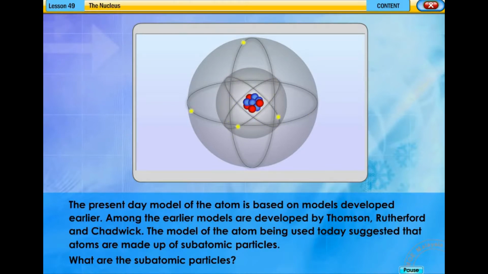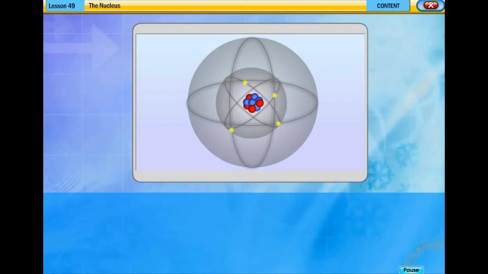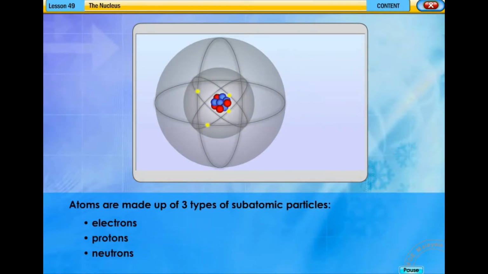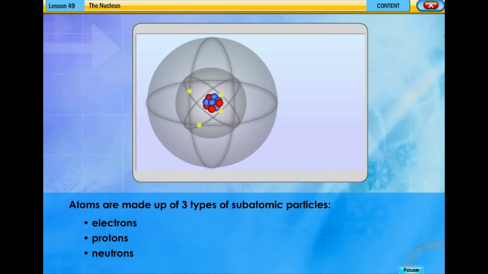What are the subatomic particles? Atoms are made up of three types of subatomic particles, namely electrons, protons, and neutrons.